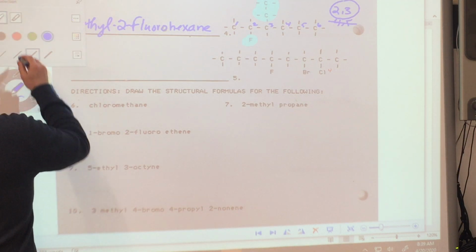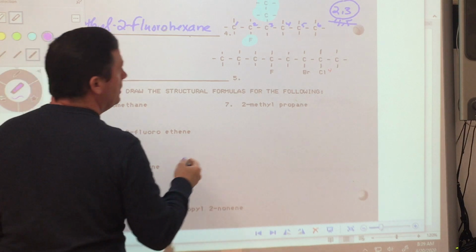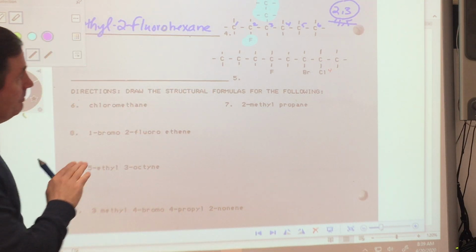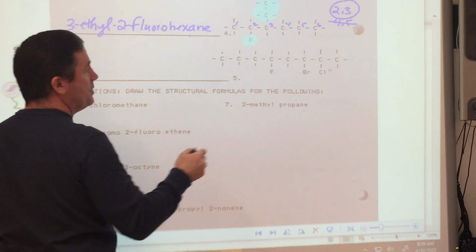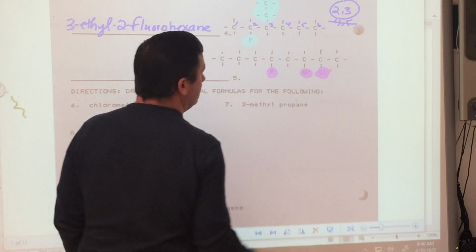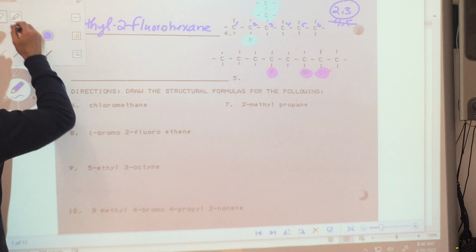Substituent groups. Are there? Oh, I like the purple. Any double bonds or triple bonds? No. Any substituent groups? Yes. 3 of them.